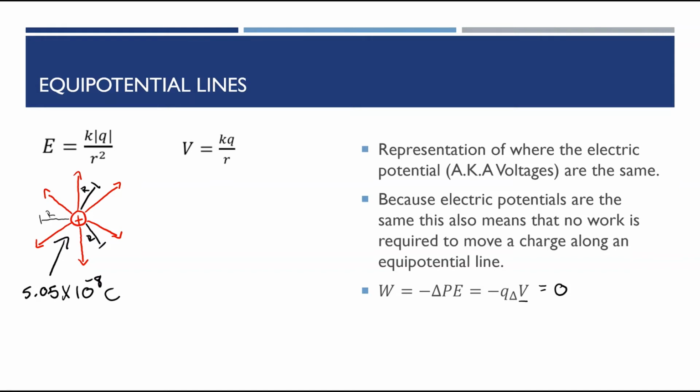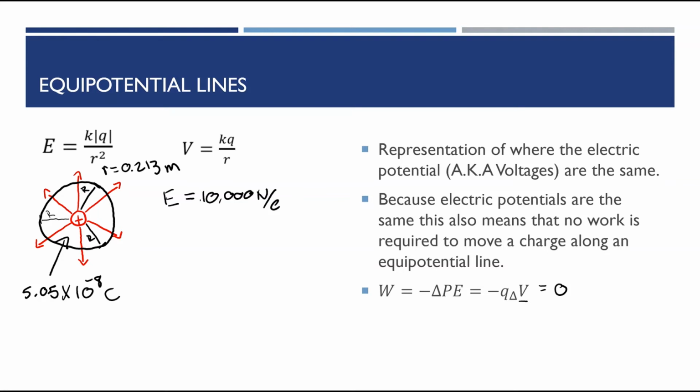We also know that at the given distance, which was 0.213 meters, the electric field equals 10,000 newtons per coulomb. And that's as long as we have that distance anywhere around that point charge. So we can draw that by a circle right here.